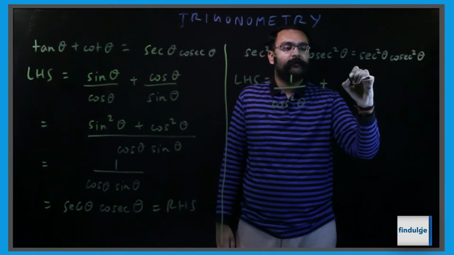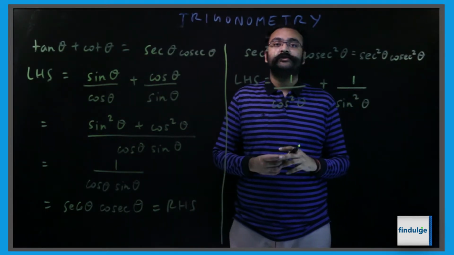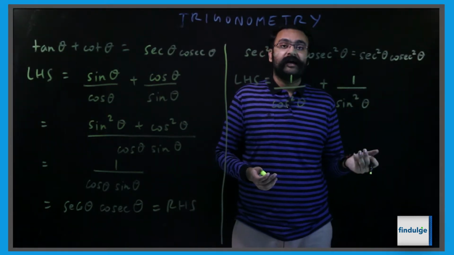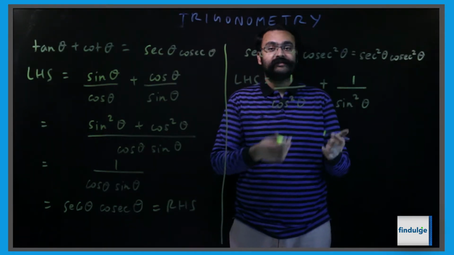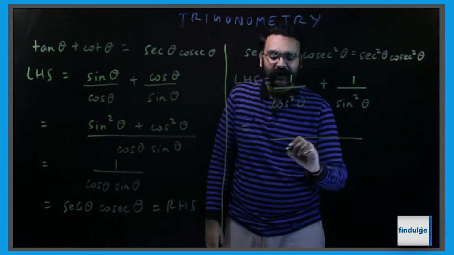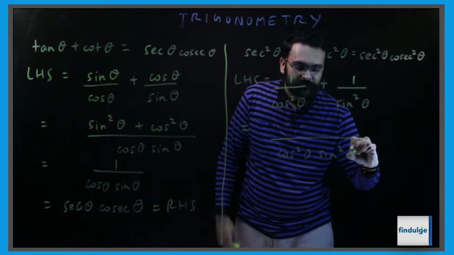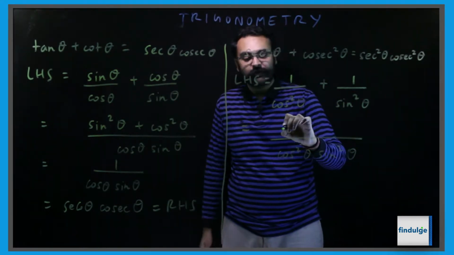Similarly, cosec square will be 1 upon sine square. Now once again, can't do too much else. Let's take the LCM. The LCM itself will be cos square theta into sine square theta. This gets multiplied by sine square theta.